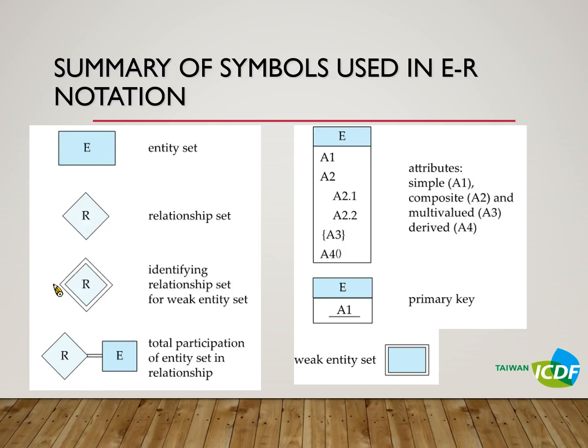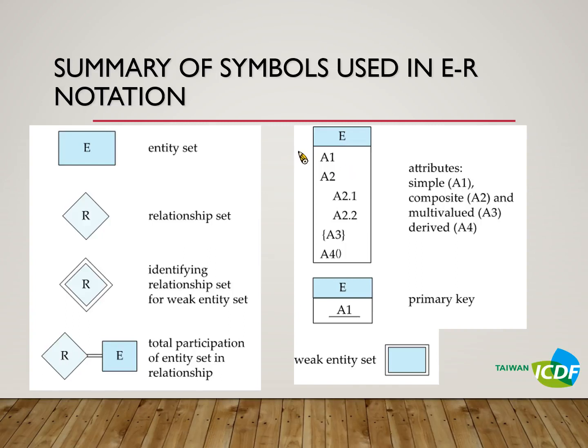Double diamonds represent identifying relationship sets for weak entity sets. And the double lines between relationship sets and entity sets mean total participation of entity sets in this relationship.